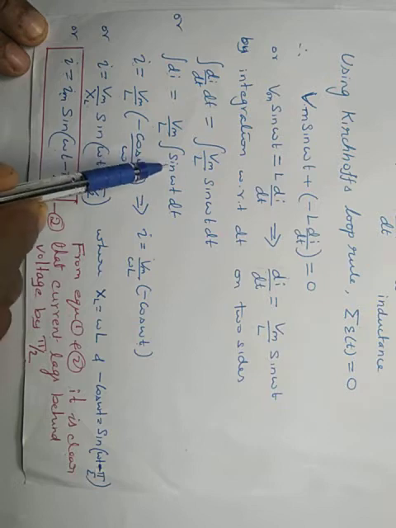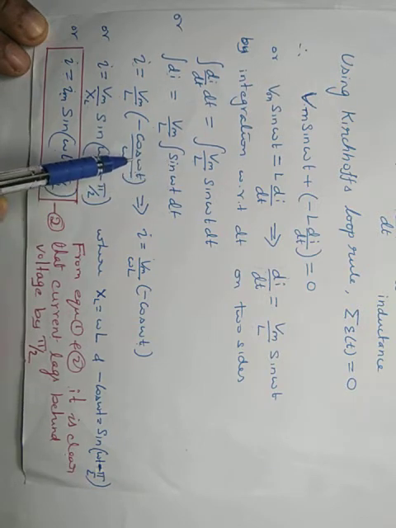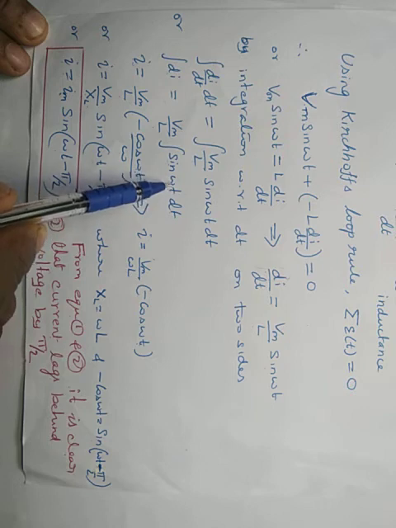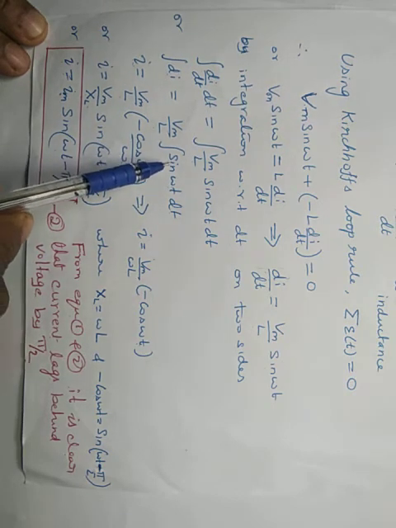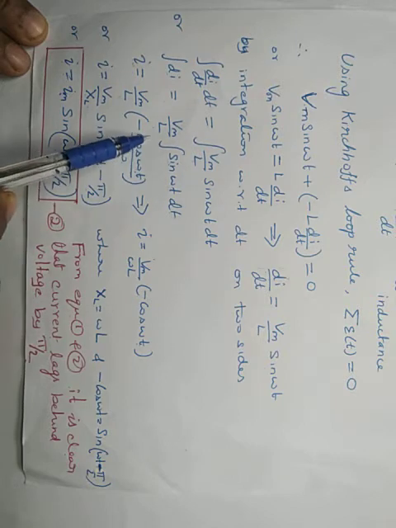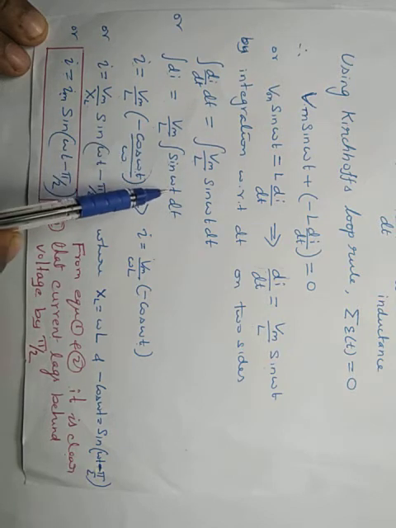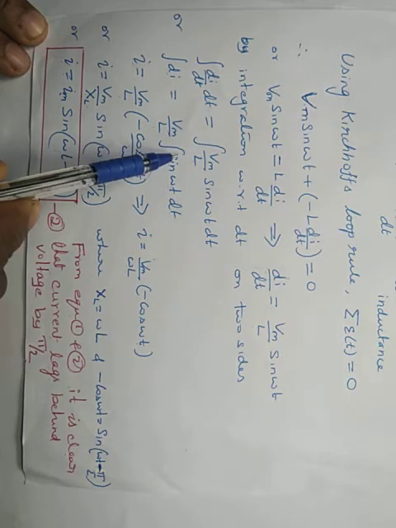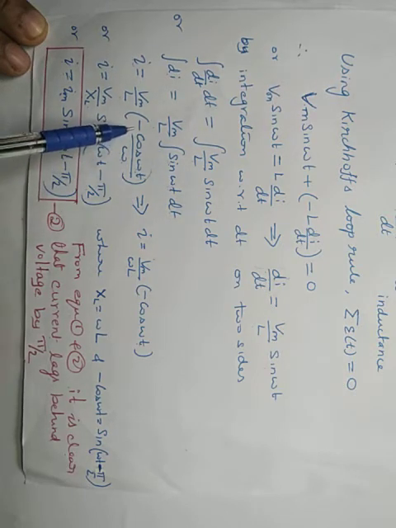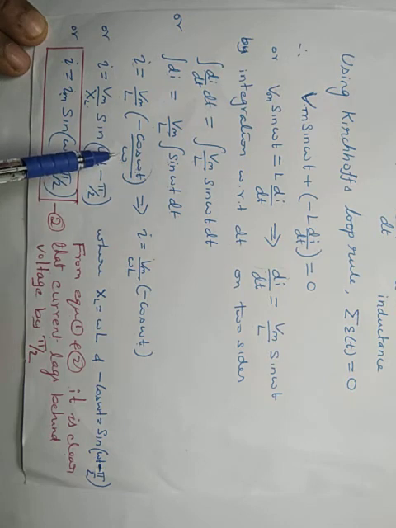Once again, for omega t you get 1 by omega. Clear? So, integration of sin omega t is minus cos omega t by omega.